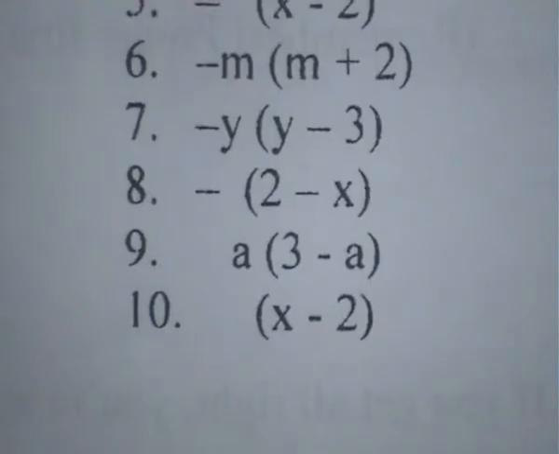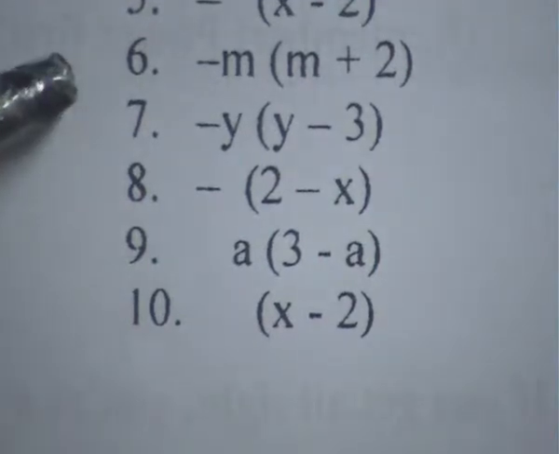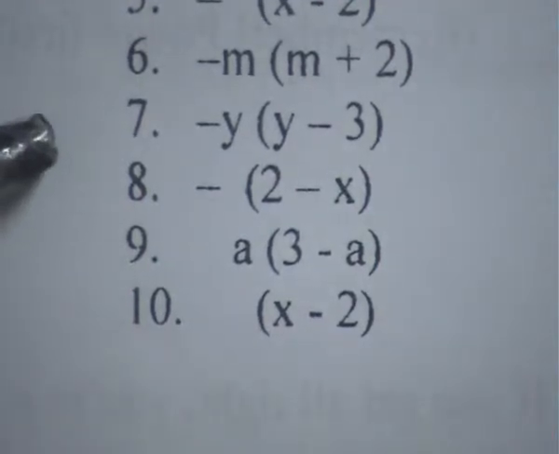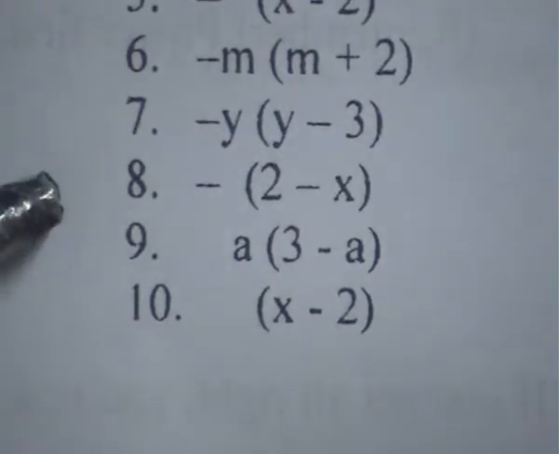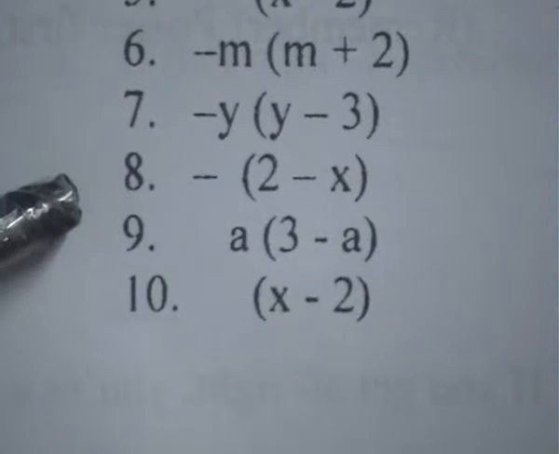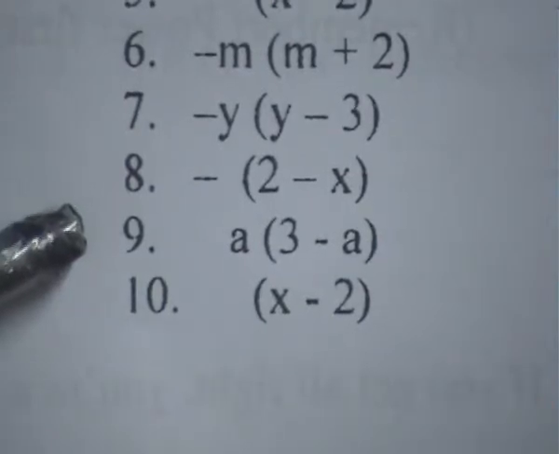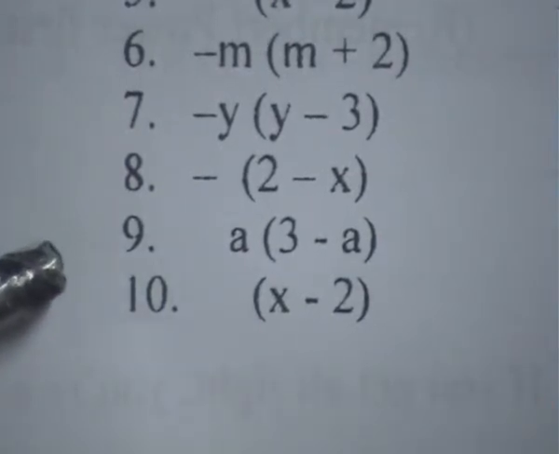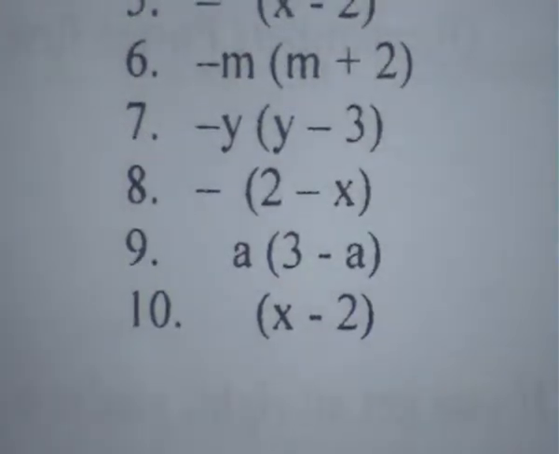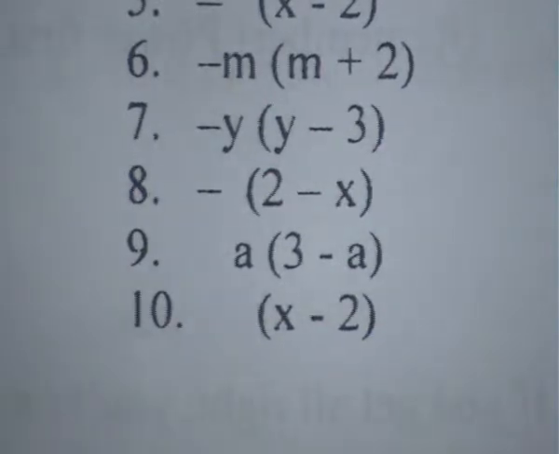Number 6, minus m into m plus 2. Number 7, minus y into y minus 3. Number 8, minus 2 into 2 minus x. Number 9, a into 3 minus a. And number 10, oops, we got a little mistake there. Let me put you a number there, just in front of x.